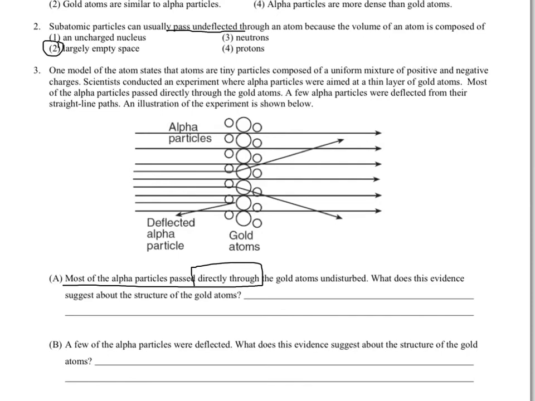So we know that the atom is mostly empty space. And on part B, it asks what few of the alpha particles are deflected. So we're here focusing on the deflected. Now remember that alpha particles are positive. So basically what this determines is that there's a positive nucleus.